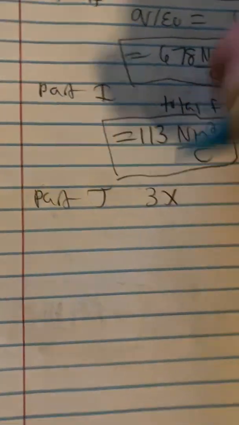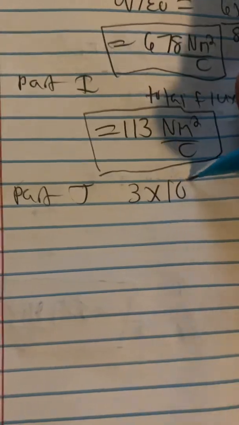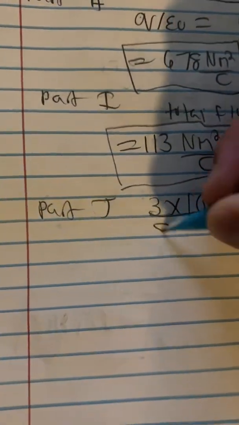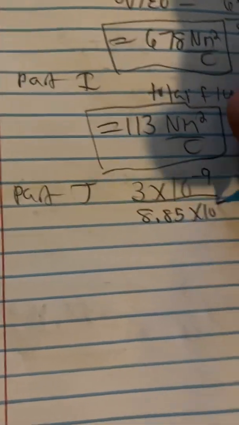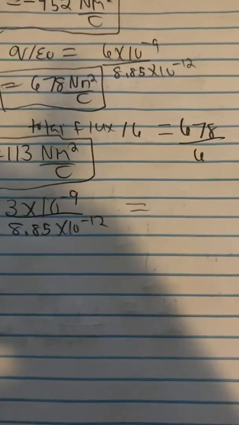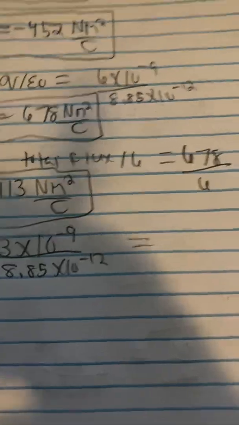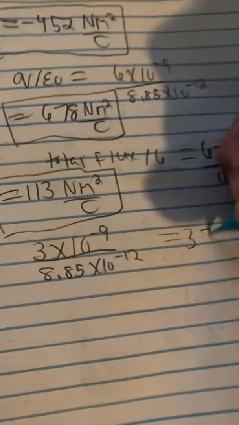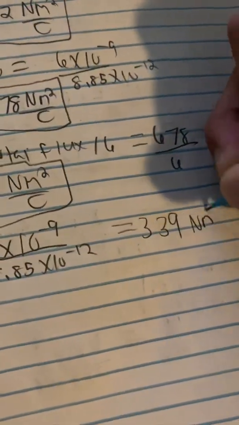For this one, all we have to do is 3 times 10 to the negative 9 divided by 8.85 times 10 to the negative 12, which will give us 339 N·m² per C.